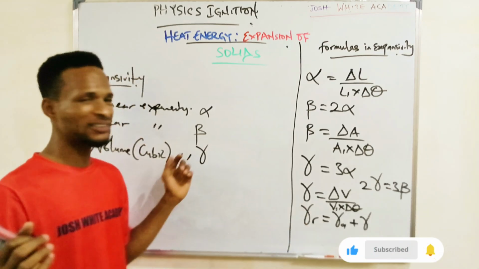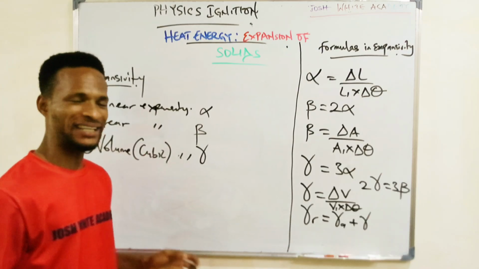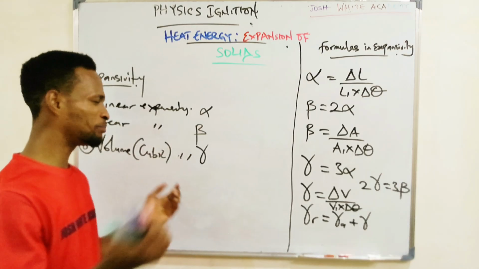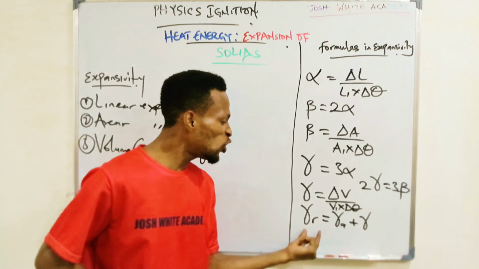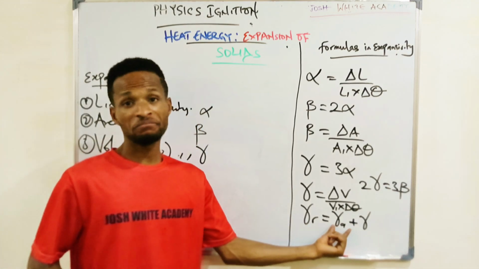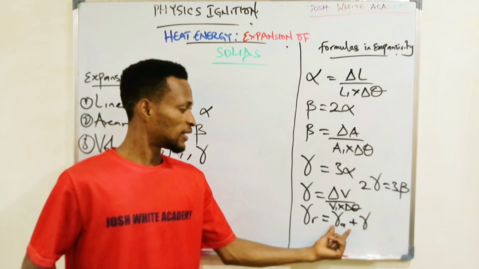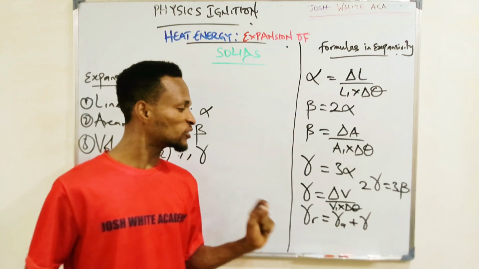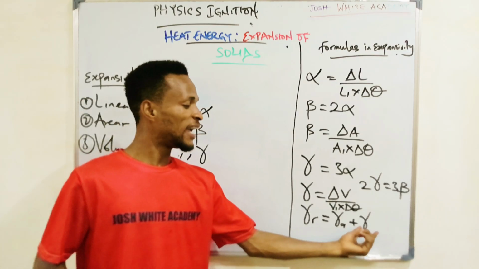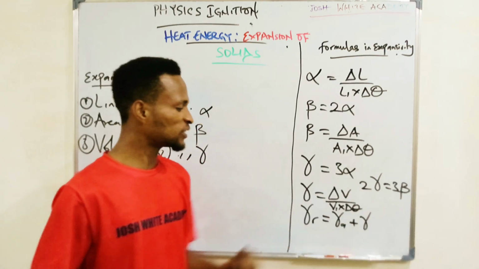Whereas real expansivity is defined as the increase in volume of the liquid per unit volume per degree rise in temperature. Now, it is always higher than the apparent expansivity because we always take into consideration also the expansion of the container.